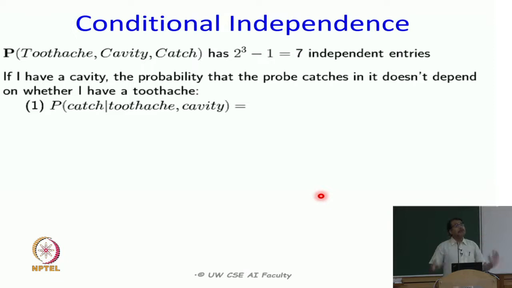Suppose I tell you the value of cavity, suppose I tell you the person has cavity. Then do you get any additional information by also knowing that he has toothache in predicting the probability of catch?